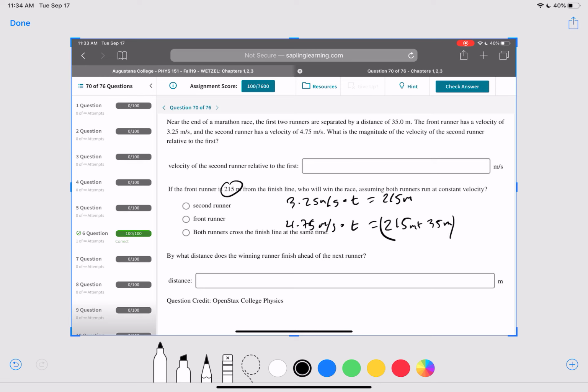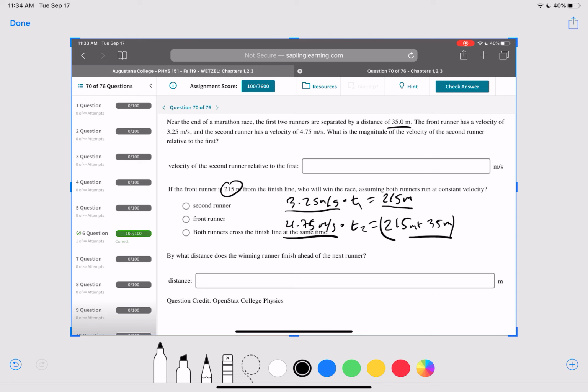Why? Because the second runner is 35 meters farther back. I might have done that backwards. The front runner has a velocity of 3.25 meters per second, so that guy only has to travel 215 meters. This guy's got to travel 215 plus 35 meters. So for t1 and t2, whoever has the shorter time wins.